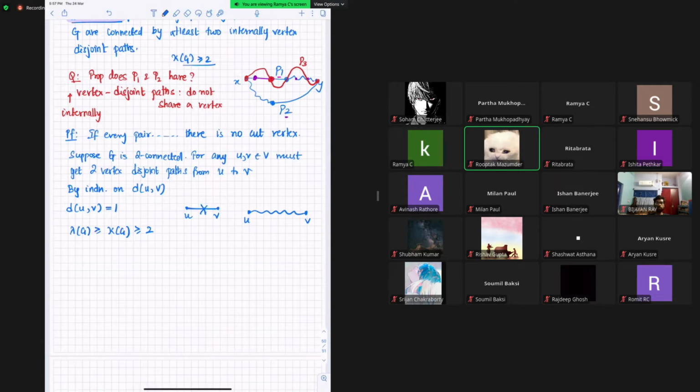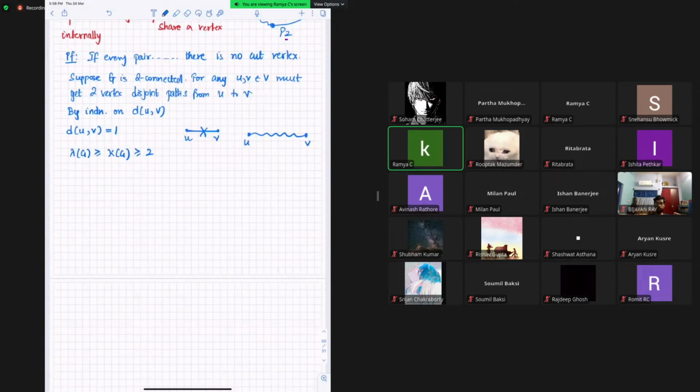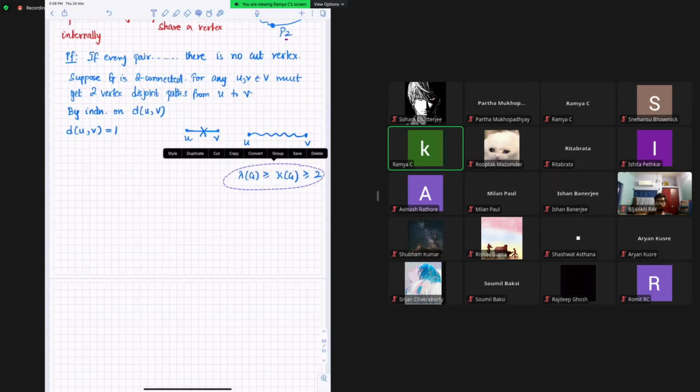But we know that lambda of G is at least 2, so this cannot happen. Is everybody convinced with this? If this other path from U to V did not exist, then it is a contradiction to the 2-connectivity of G. So what he said is right, but I have to write it down.